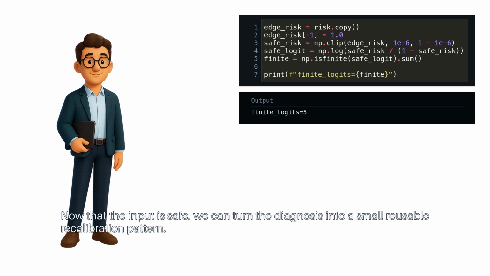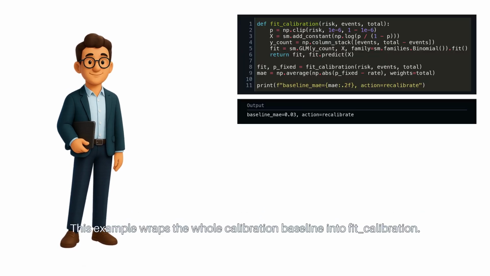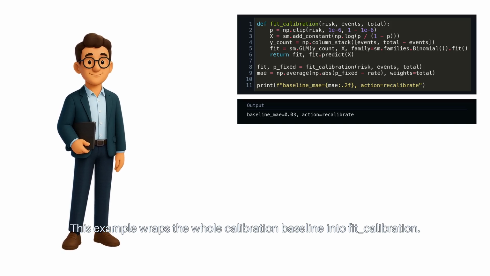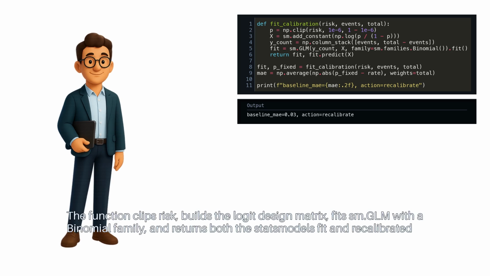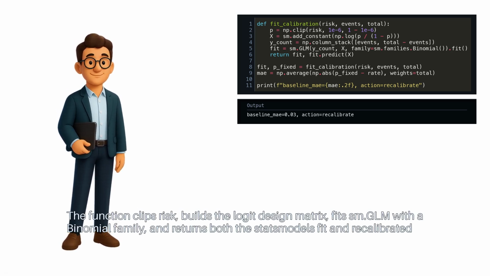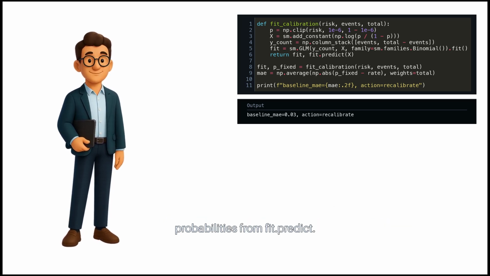Now that the input is safe, we can turn the diagnosis into a small, reusable recalibration pattern. This example wraps the whole calibration baseline into fit_calibration. The function clips risk, builds the logit design matrix, fits sm.GLM with a binomial family, and returns both the statsmodels fit and recalibrated probabilities from fit.predict.